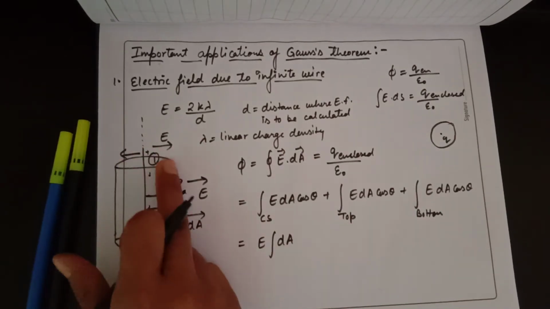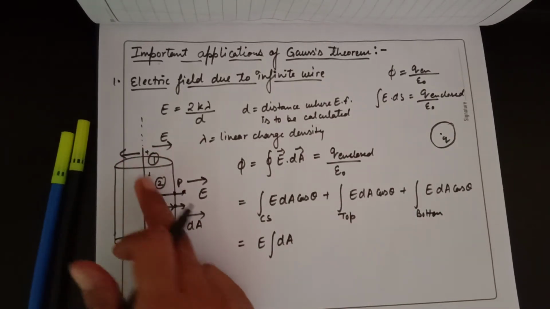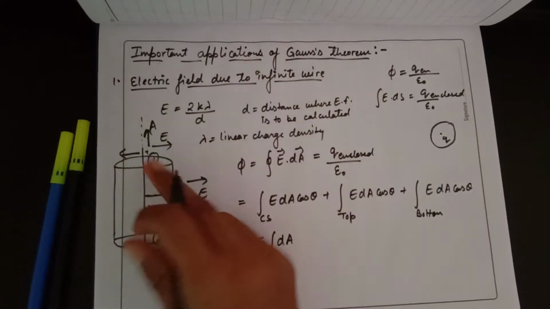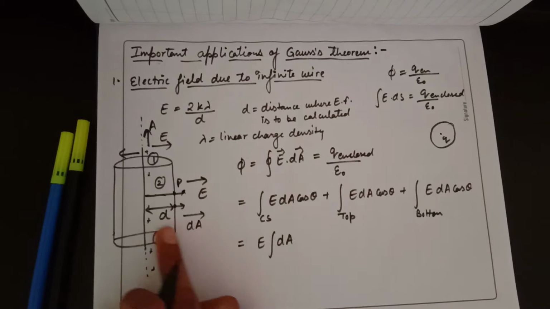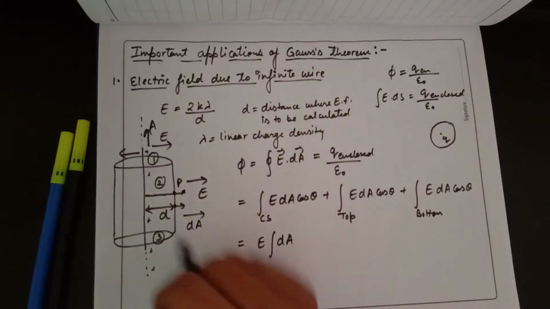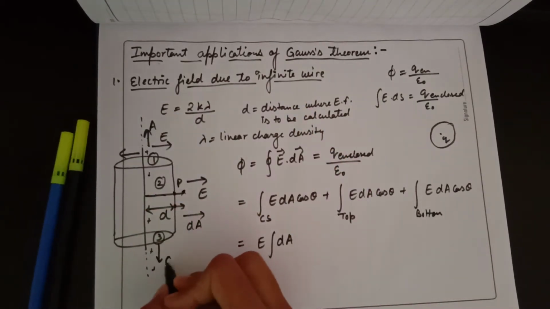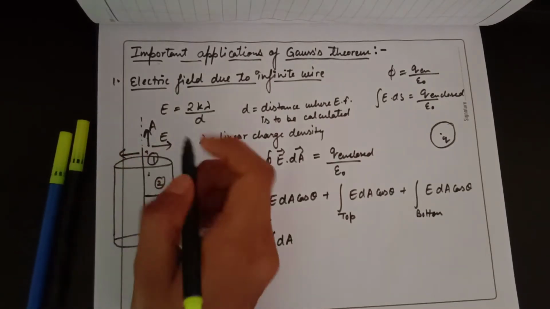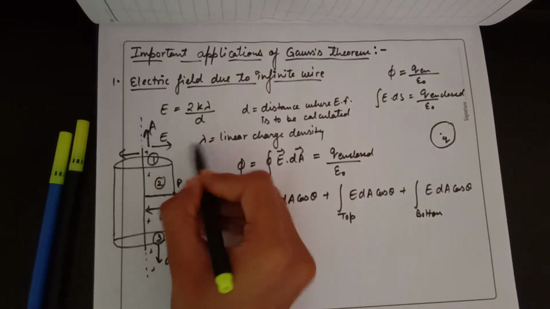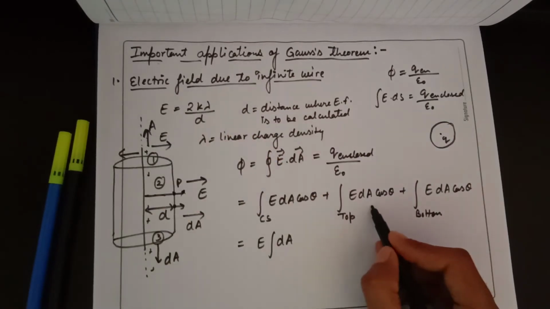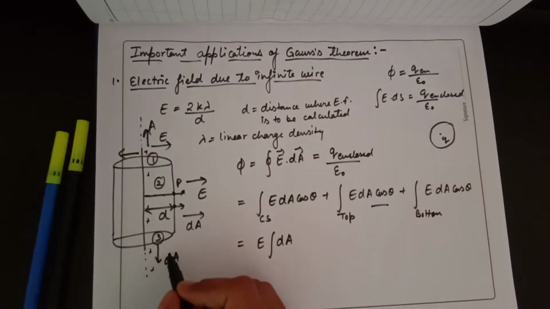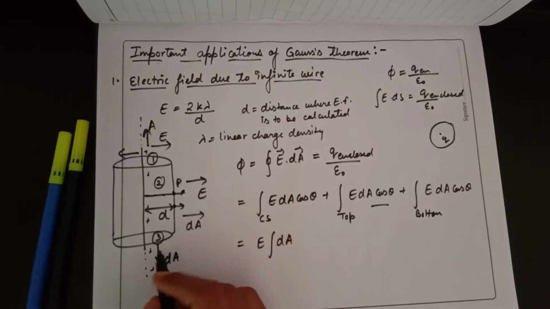And if I talk about the top surface, the direction of the area vector is upward, and for the bottom surface it is downward. So here the angle between electric field and area vector is 90 degrees, and cos 90, you know, is 0, and it is the same for the bottom surface also.